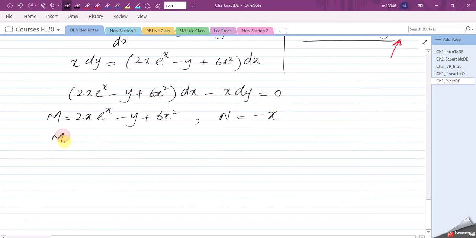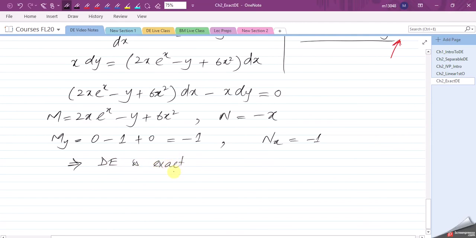Now we calculate the derivative with respect to y for M. This will go to 0 because we are calculating with respect to y. So 0 minus 1, this will also go to 0. So the answer is minus 1. And N x is already minus 1. So this implies that the differential equation is exact.